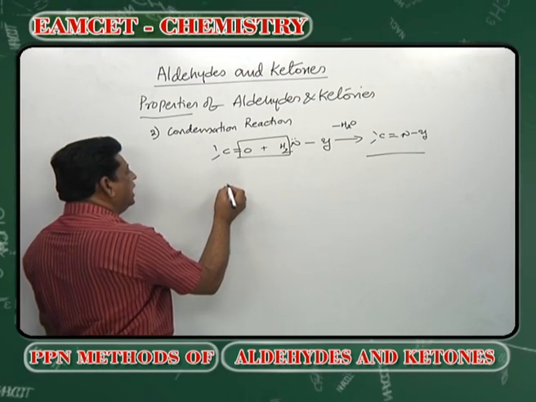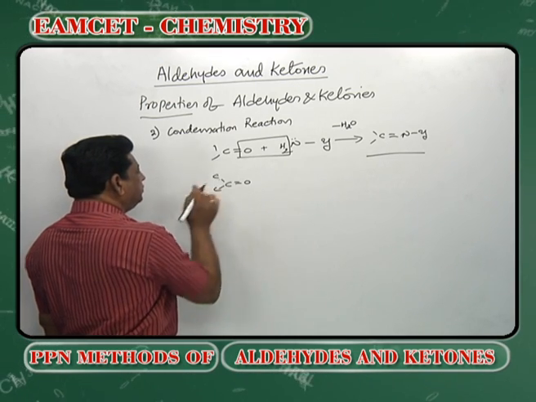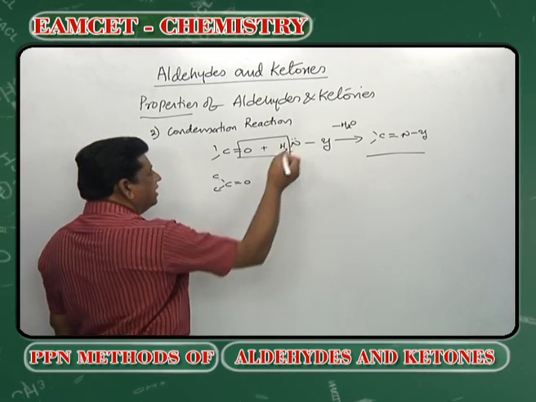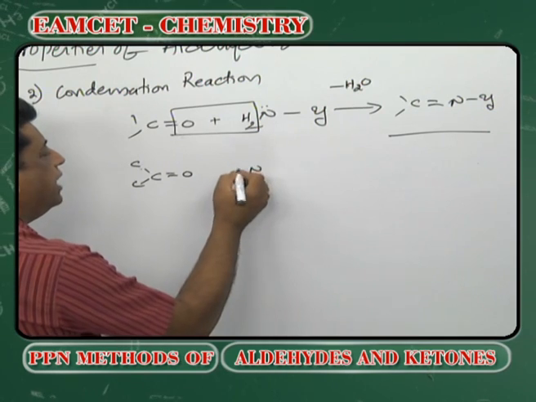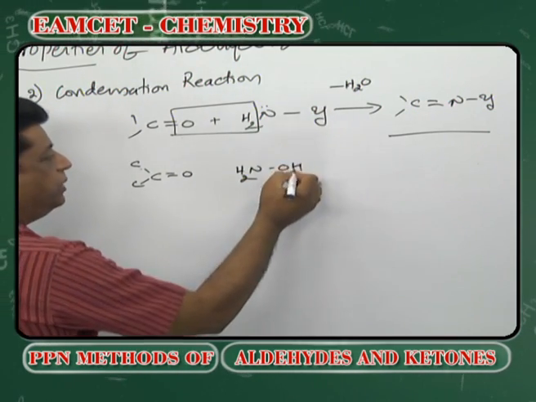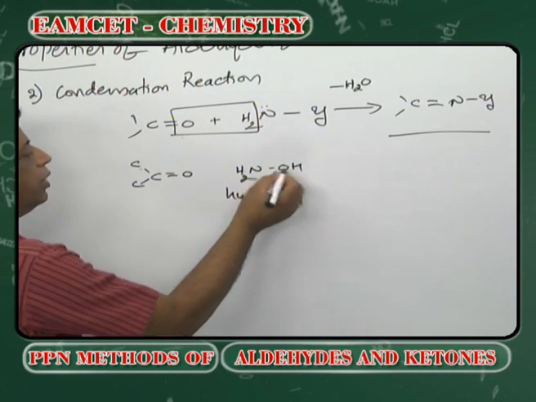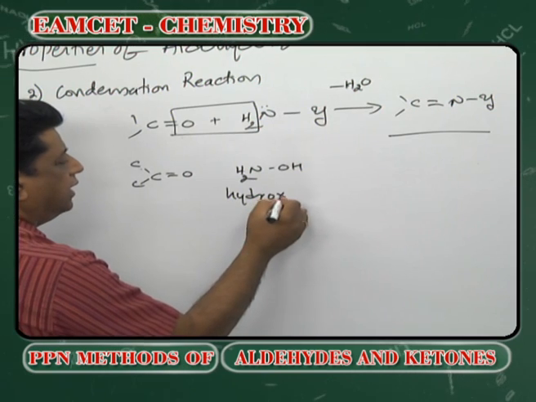Let us take a carbonyl compound like acetone. What happens? If acetone is taken, the first example is NH2 with OH. That is, if the Y group is OH, the reagent is called hydroxylamine.